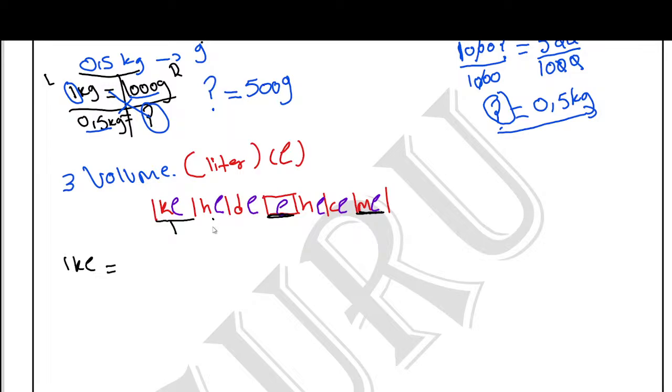Okay, so now we're going to check how much is 1 kiloliter in liters. 1, 0, 0, 0. That means 1 kiloliter is equal to 1000 liters. Okay, how much is 1 kiloliter in milliliters? 1, 0, 0, 0, 0, 0, 0, meaning that 1 kiloliter is the same as 1000000 milliliters.